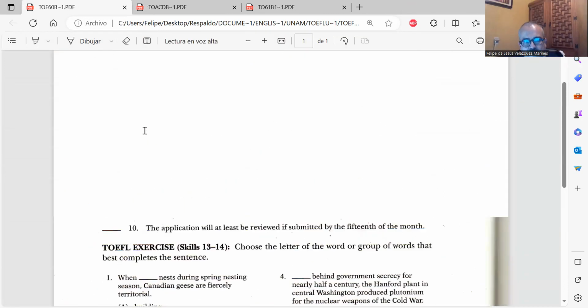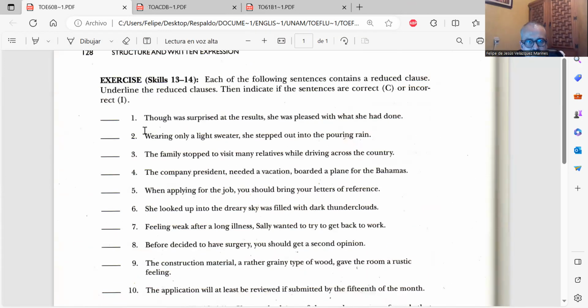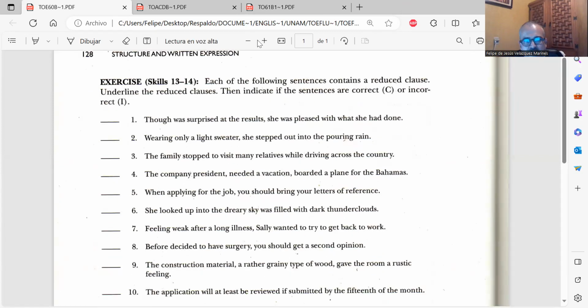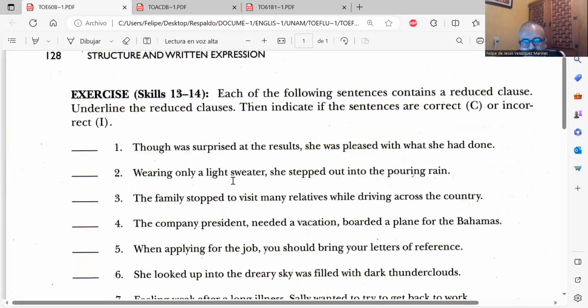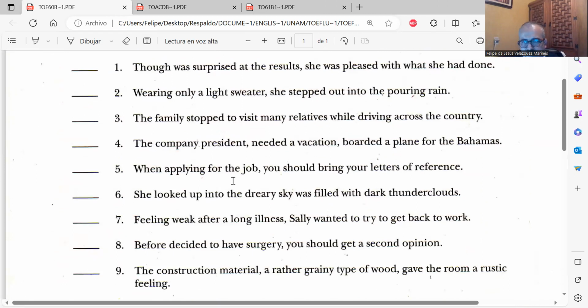Okay, these are exercises about both the skills. Let me just close the door because it's raining a lot. It's raining cats and dogs.